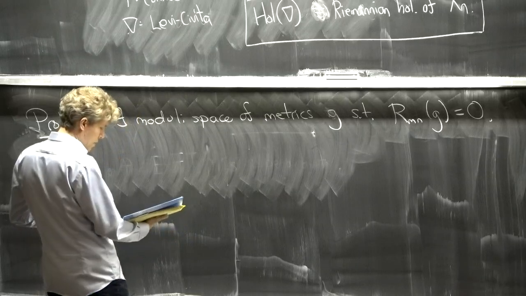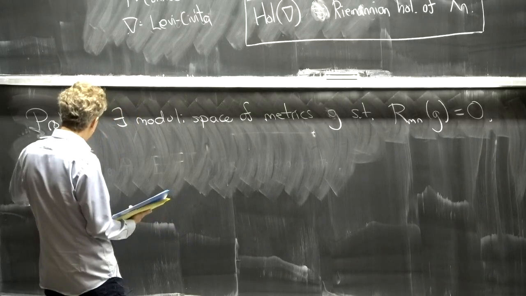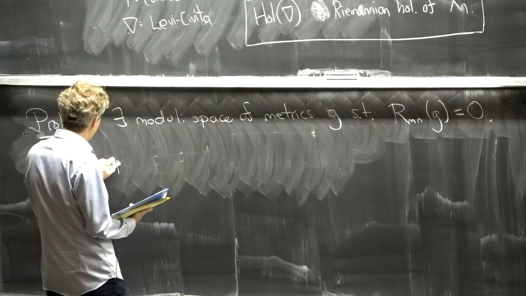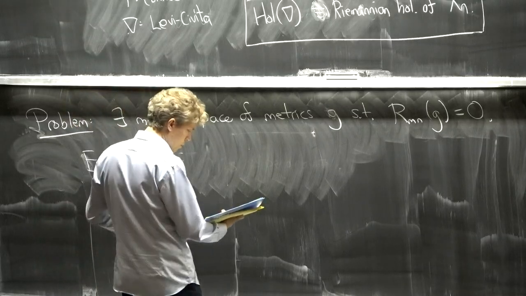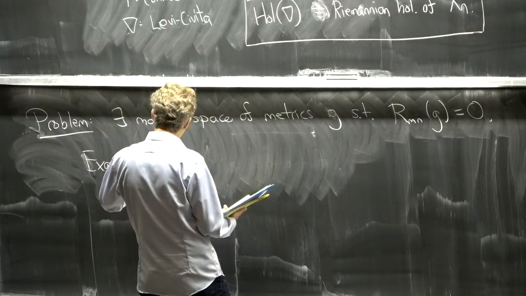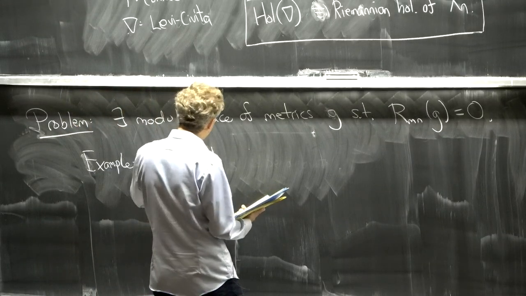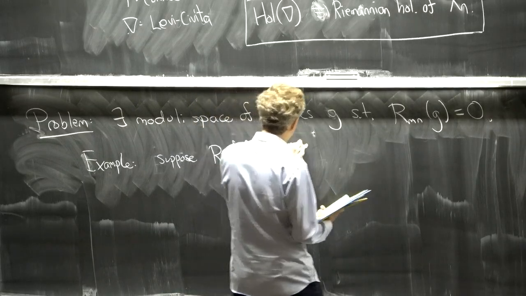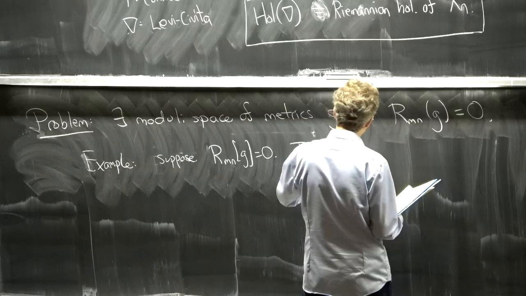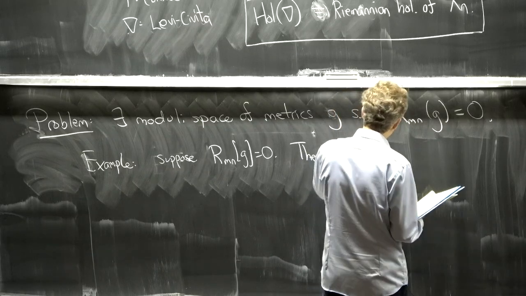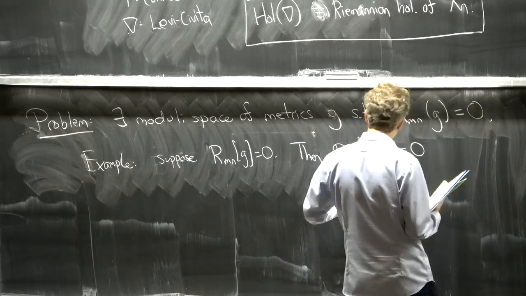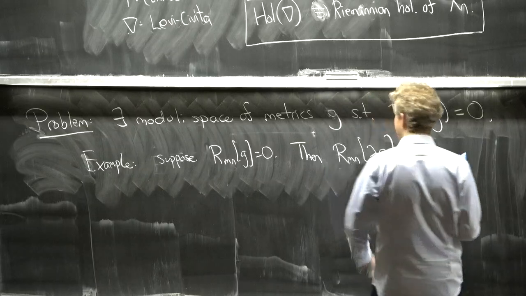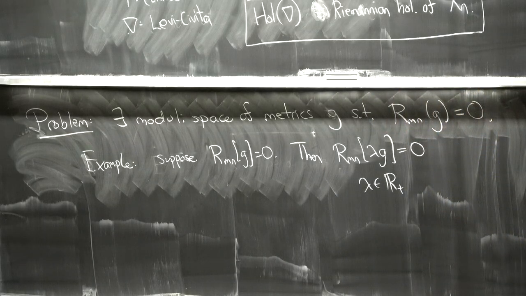So, example. Suppose they have some metric that has vanishing Ricci.